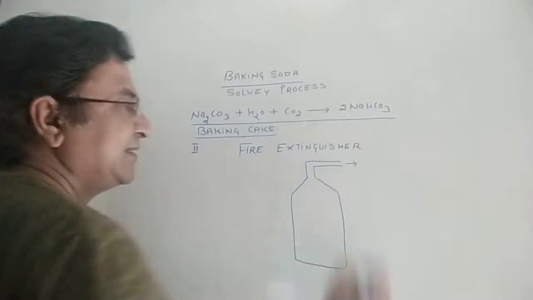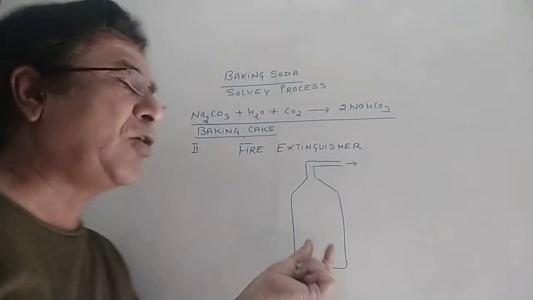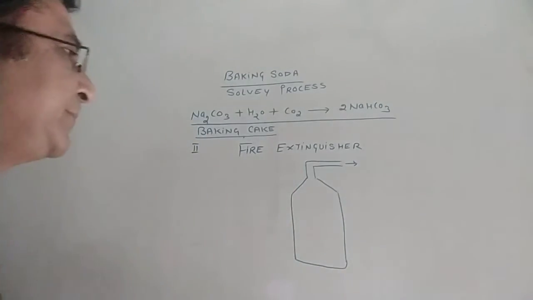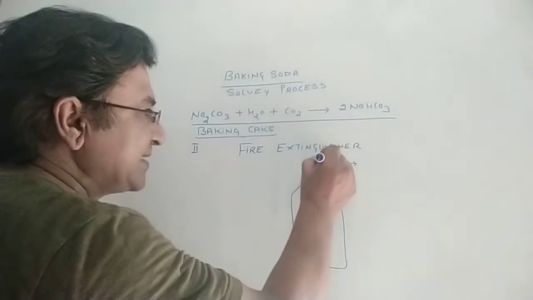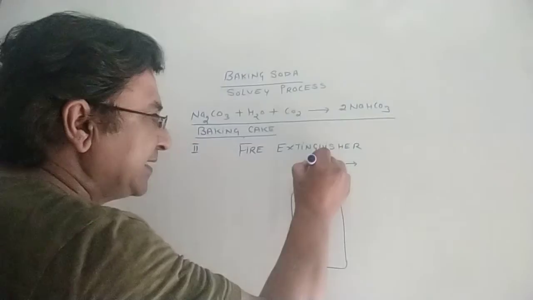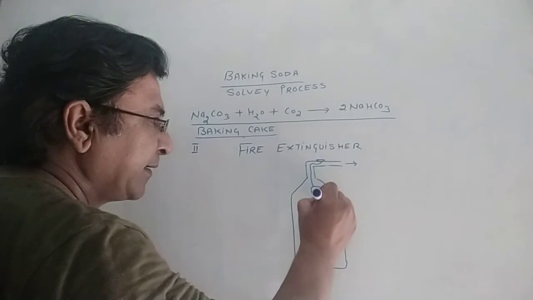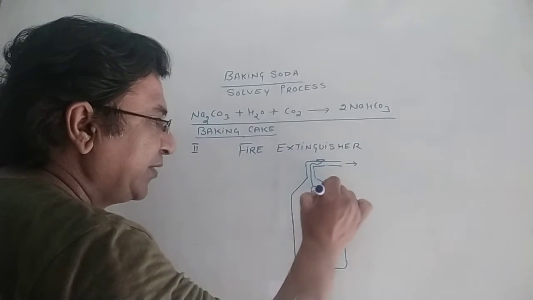Nozzle from which the product formed by the reaction in the fire extinguisher will come out, and it also has a pressing button which is connected to an ampule containing sulfuric acid.